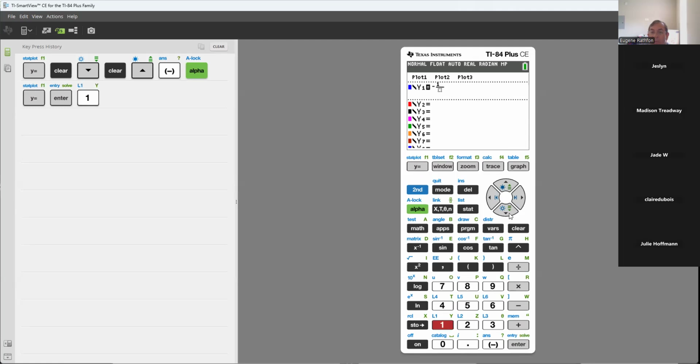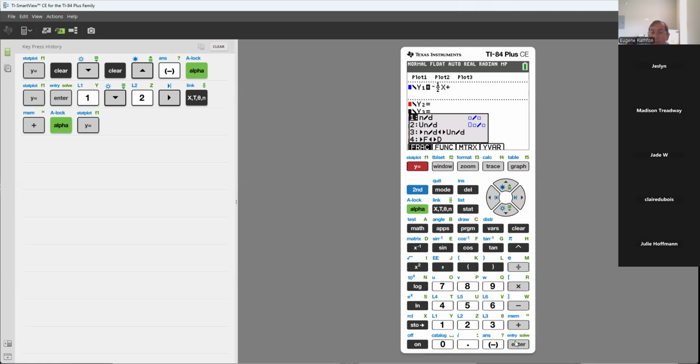And then I'll put my 1 on top, 2 on bottom, arrow right, and put my x. And then that was plus a positive 1/2. So I'm gonna hit that green button, alpha, y equals again, and enter, and then put a 1/2 there.